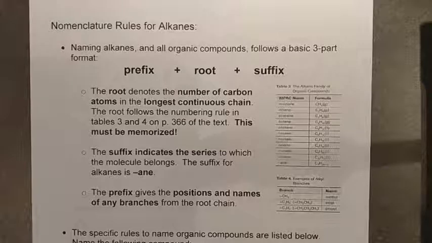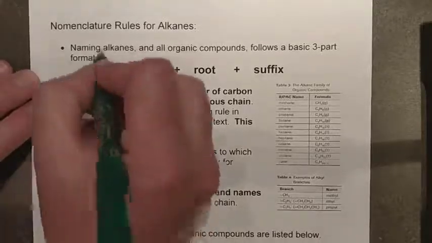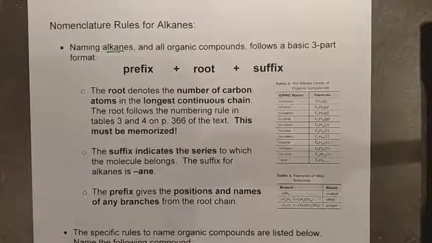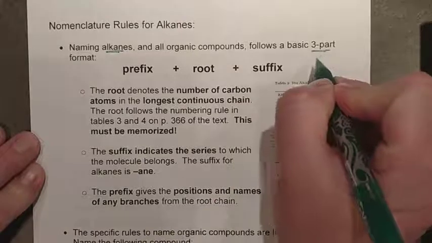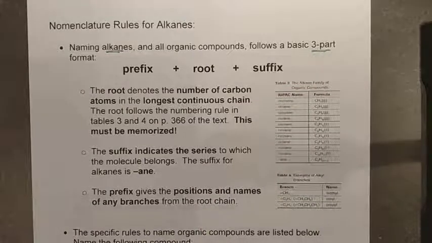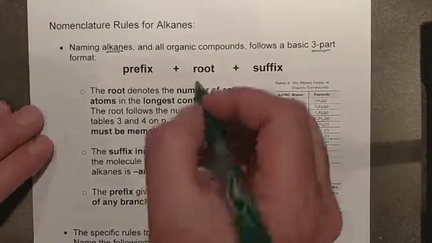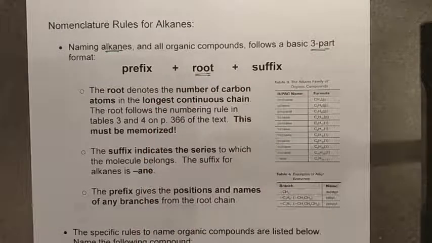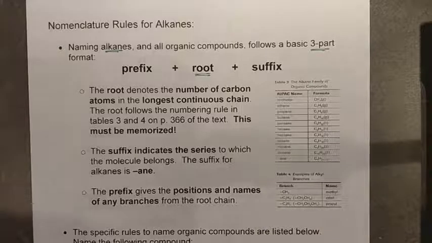So the rules for alkanes, our most simple type, which are single bonded carbon molecules, just like all the rest, are going to follow a three-part naming rule. Okay, the first part is the root. And the root is going to be the longest continuous chain of carbon-to-carbon atoms.